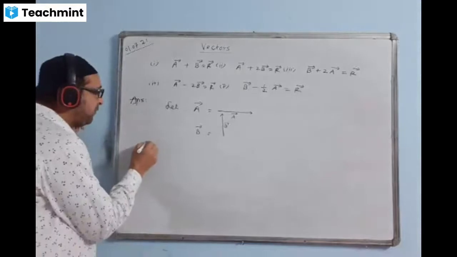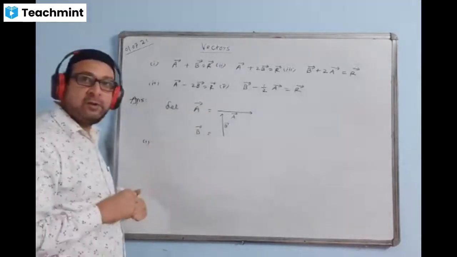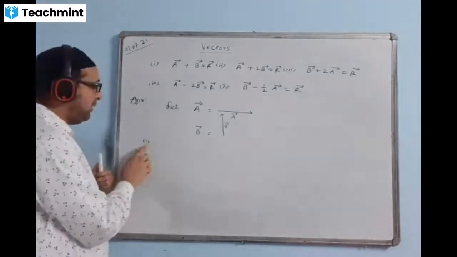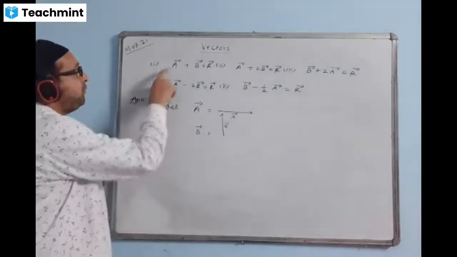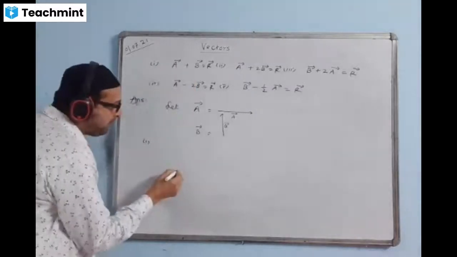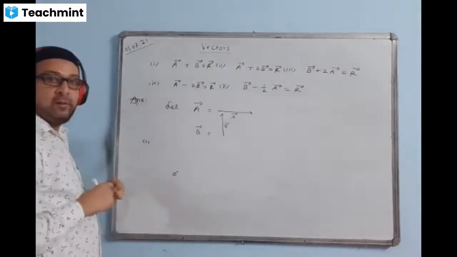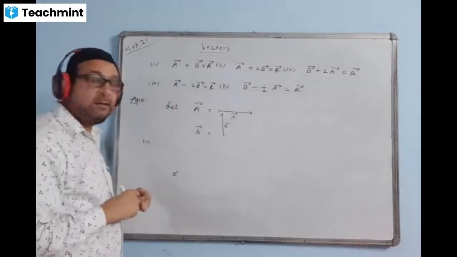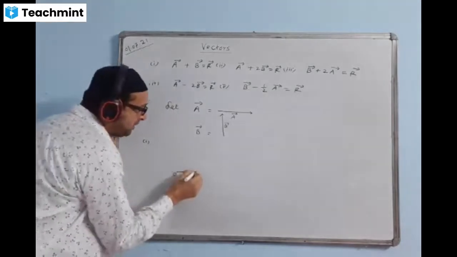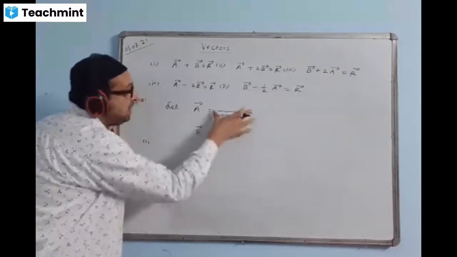Now we are drawing a diagram for the first case. If it is not mentioned in the question and the direction is not given, then we assume, and then we draw the diagram for the first part. A plus B. How to draw a diagram for A plus B? I'll show you this. First we write origin O. We are going to make a triangle. Vector A is positive, so we'll go like this. This is 2 centimeters, exactly the same size.